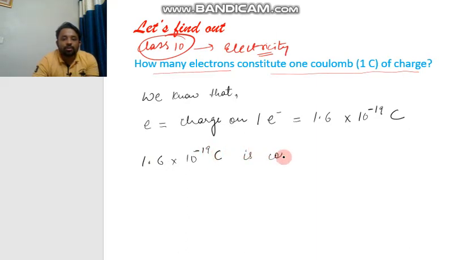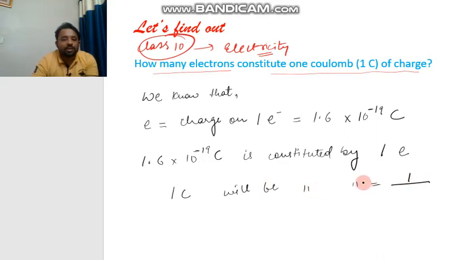is constituted by 1 electron. So 1 coulomb will be constituted by, we are simply doing the unitary method here, 1 upon 1.6 into 10 raised to power minus 19.